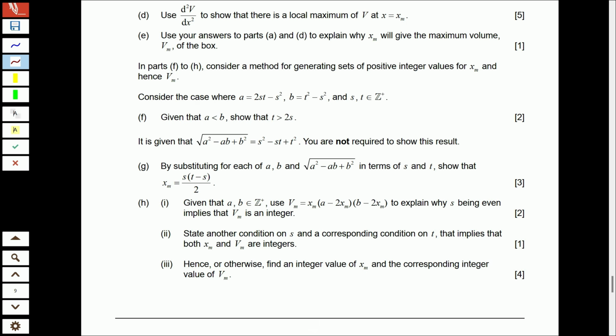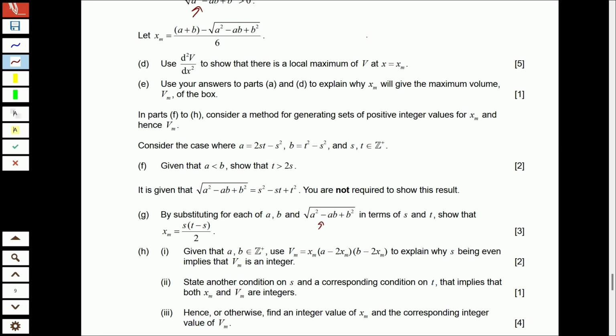And the next question is, given that the square root of a square minus ab plus b square equals s square minus st plus t square, you are not required to show this result. By substituting for each of a and b and this expression in terms of s and t, show that x sub m equals s times t minus s divided by 2.